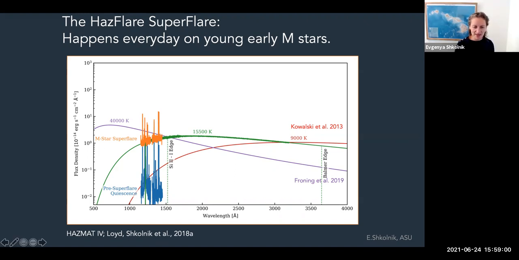Typically, we assume 9,000 Kelvin black bodies, but since we published this, a 40,000 Kelvin black body was also reported for another M-star superflare. So when we're asking the questions of how much energy is actually being outputted in these flares, we still don't have a complete picture of that, and we're working to get those answers.